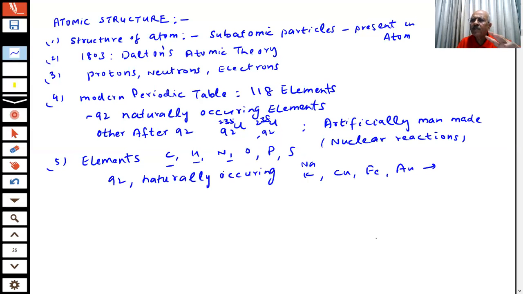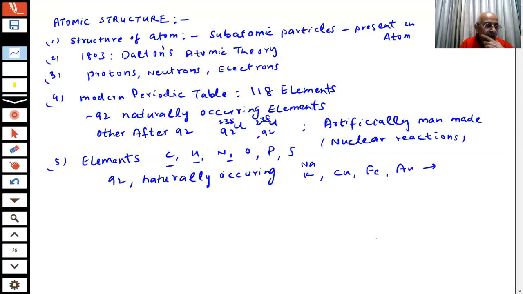There are elements, students, and each element is different from another element because the atom of the element is different, and therefore they combine in different ways and produce different types of substances with different properties.